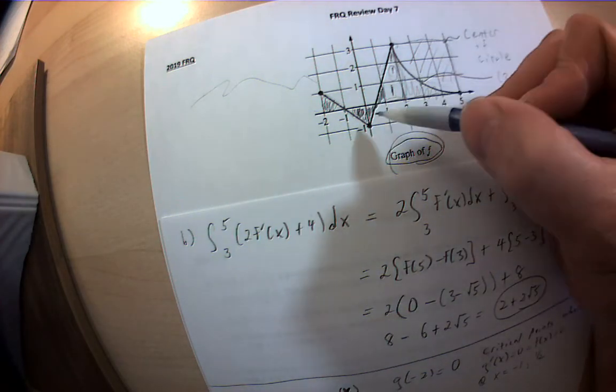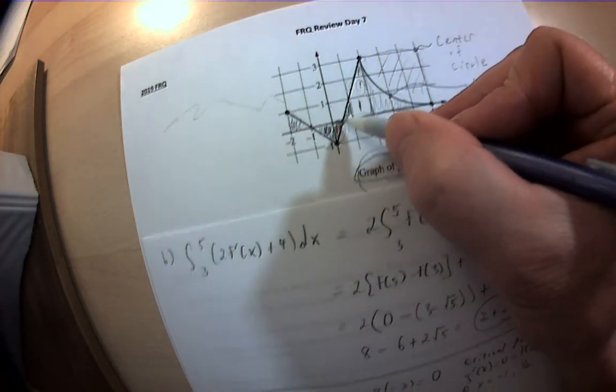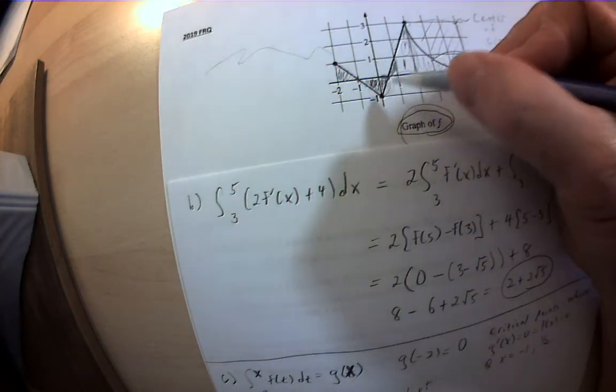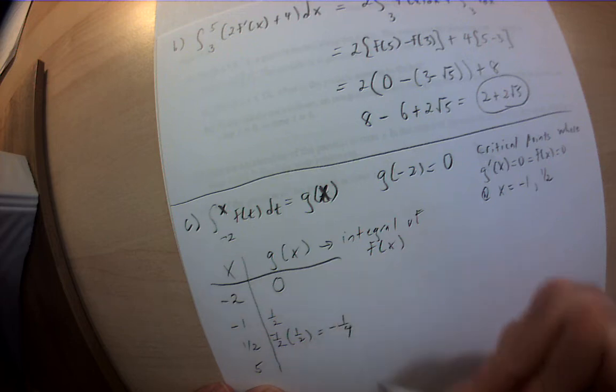They cancel each other out. So I'm just talking about this right here. That's below the line, so it's negative. It's 1/2 the base, which is 1/2, times the height, which is 1. And guys, it's negative. So it's -1/4. Okay?